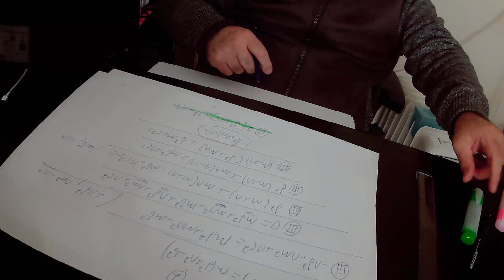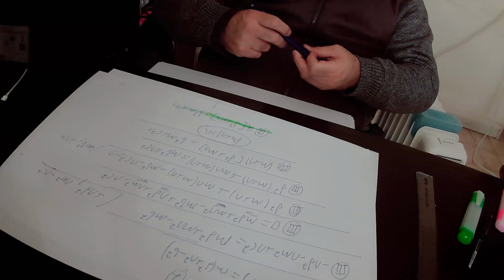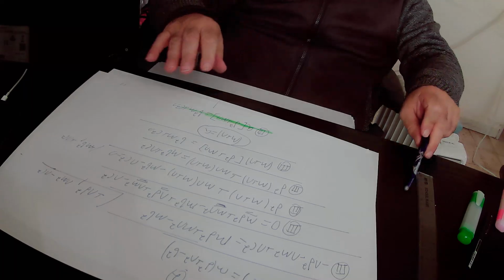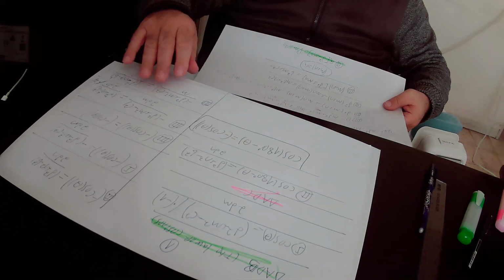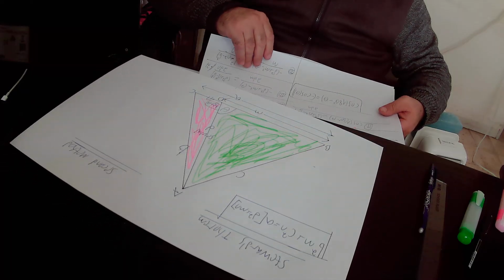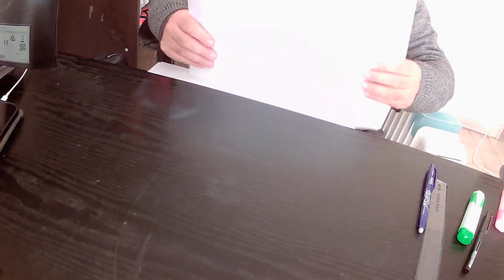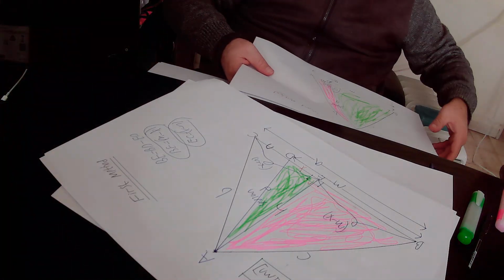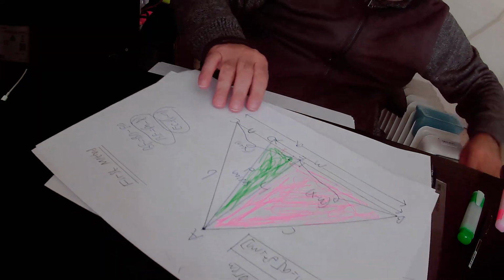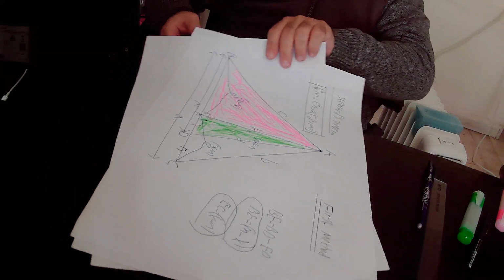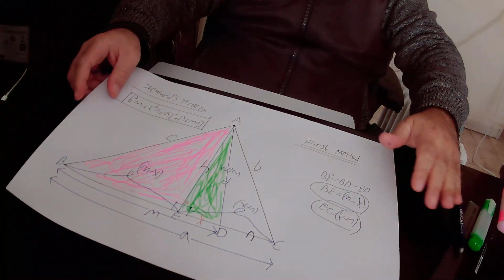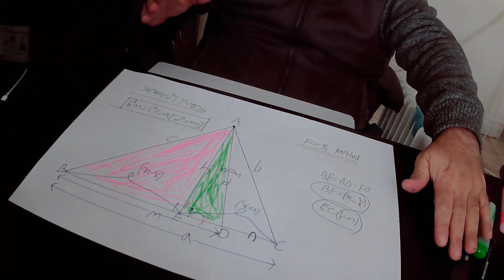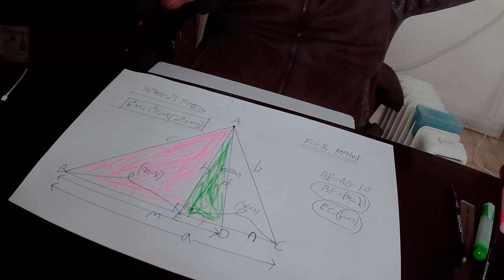In the next step, I'll summarize the lecture. We'll start with the first method. In this lecture, we proved Stewart's theorem in two different methods.